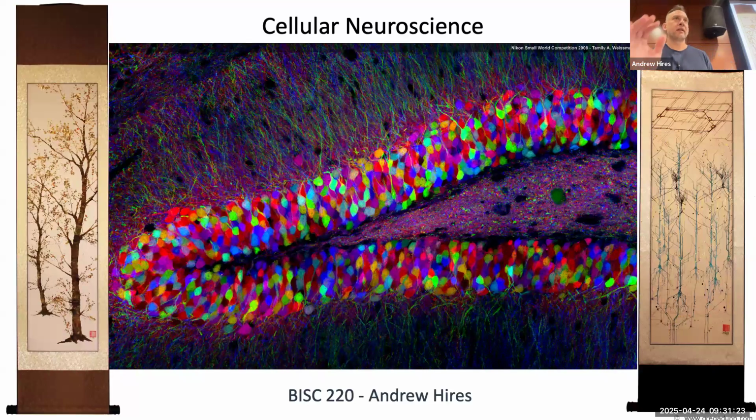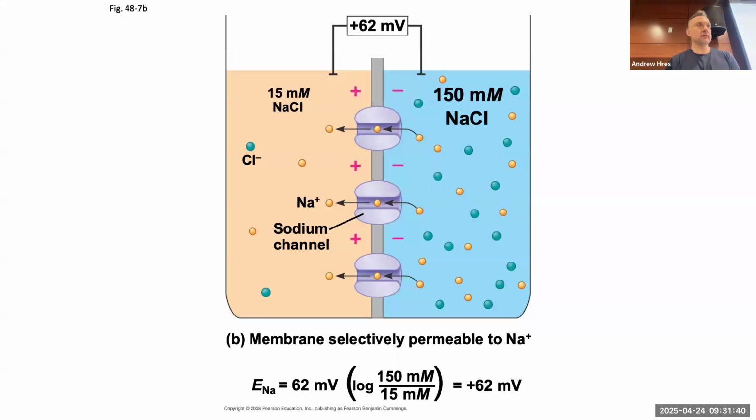Okay. Three lectures left. Let's keep going on cellular neuroscience. I was thinking about the last lecture, and I thought I'd make a few more slides to explain this in hopefully simpler terms.